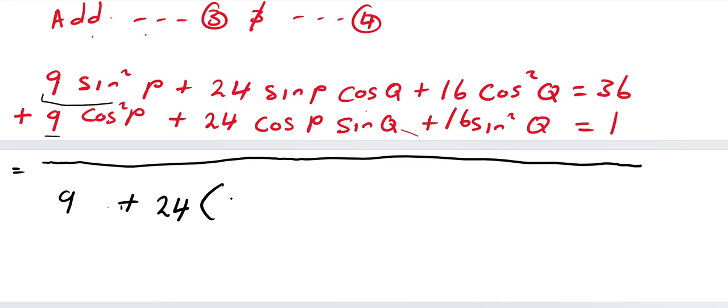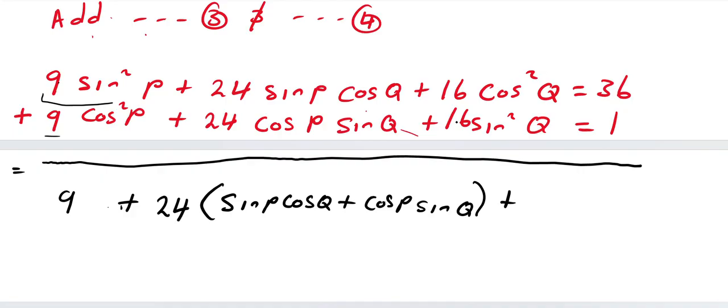We are left with sine p cos q plus cos p sine q. And then plus, here we're going to add this one with this one. It is the same as the other example that I gave you: we're going to have 16, equals to 36 plus 1, we're going to have 37.